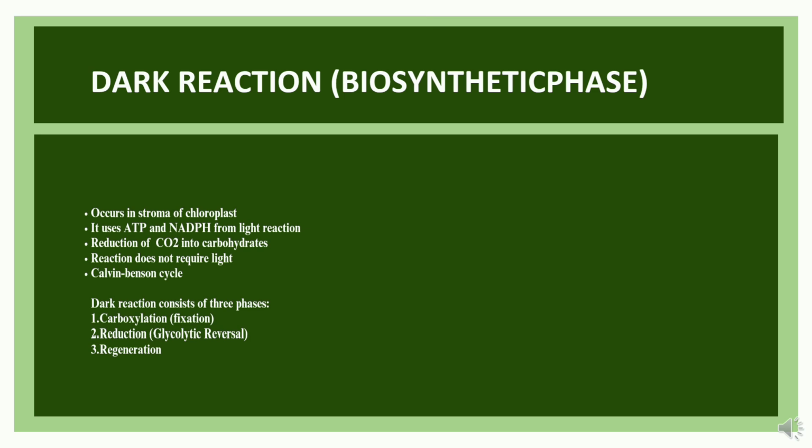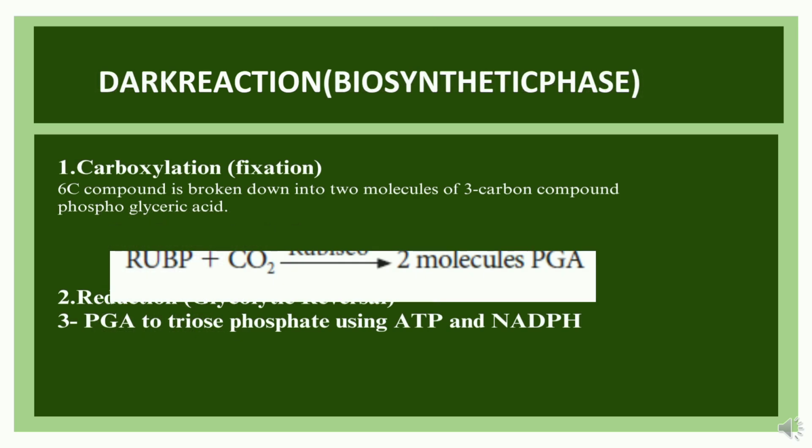In the step of carboxylation, the enzyme ribulose carboxylase oxygenase is involved in the formation of a 6-carbon compound, which is unstable, and this 6-carbon compound is broken down into two molecules of the 3-carbon compound phosphoglyceric acid.